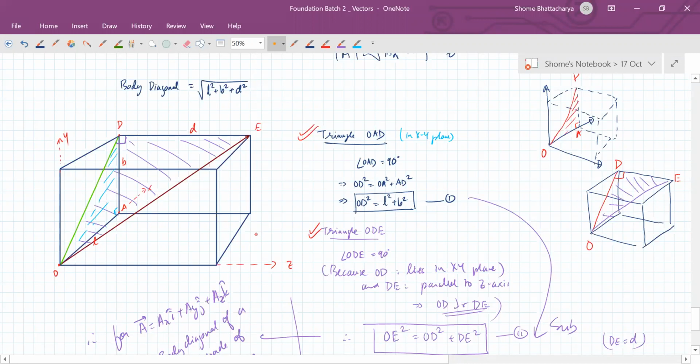So this is like a double proof. It's giving you the proof geometrically also why the body diagonal of a cuboid is of length given by this formula, square root of L square plus B square plus D square, where L, B and D are the three mutually perpendicular edge lengths. And simultaneously that's showing you why the magnitude of a three-dimensional vector is also like that, because a 3D vector is visualized as nothing but the body diagonal of such a cuboid.